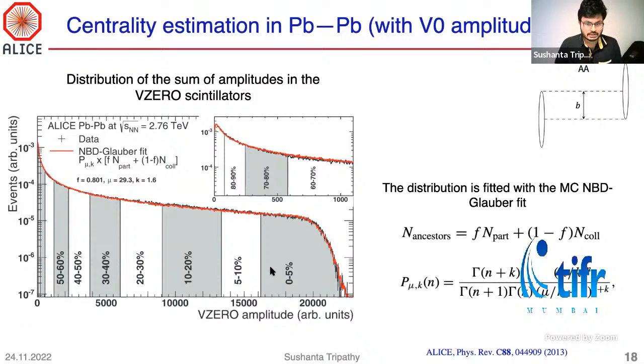This distribution is fitted with a negative binomial distribution plus a Glauber fit. The negative binomial distribution is given by this, and the Glauber fit is basically an ansatz: a fraction from the number of participants plus a fraction coming from the number of binary collisions. With this, one can estimate different centrality classes.